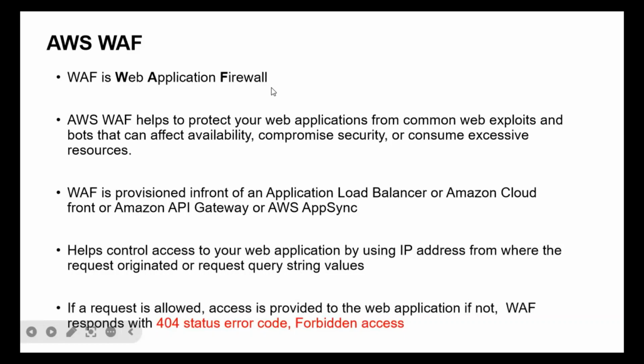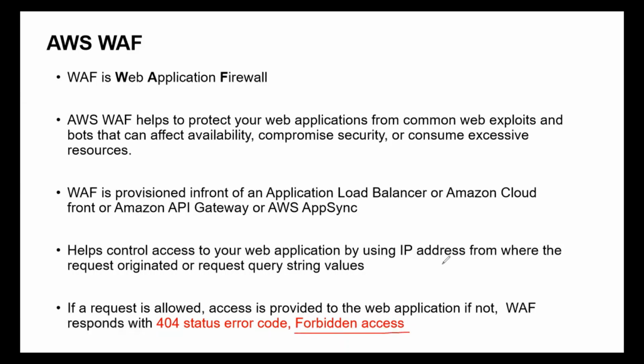If we have allowed the request in the WAF, that request will be forwarded to the application load balancer that is behind the web application firewall. However, if you have blocked the IP address from where the request is coming, then WAF is going to respond with the 403 status error code, which is forbidden access.